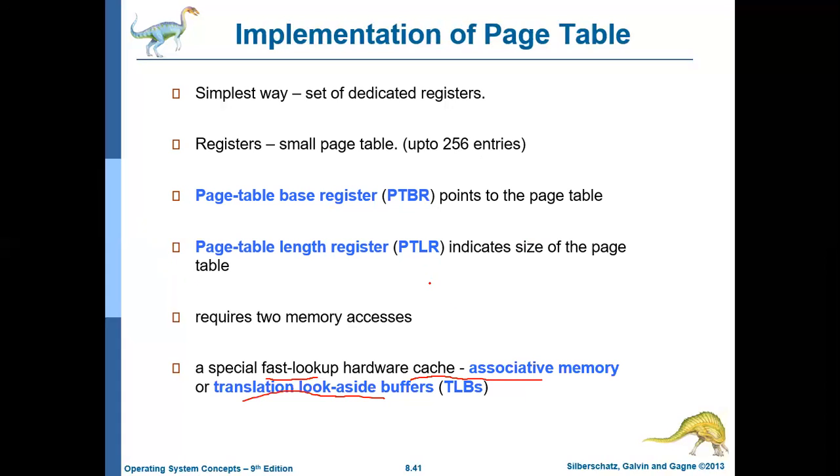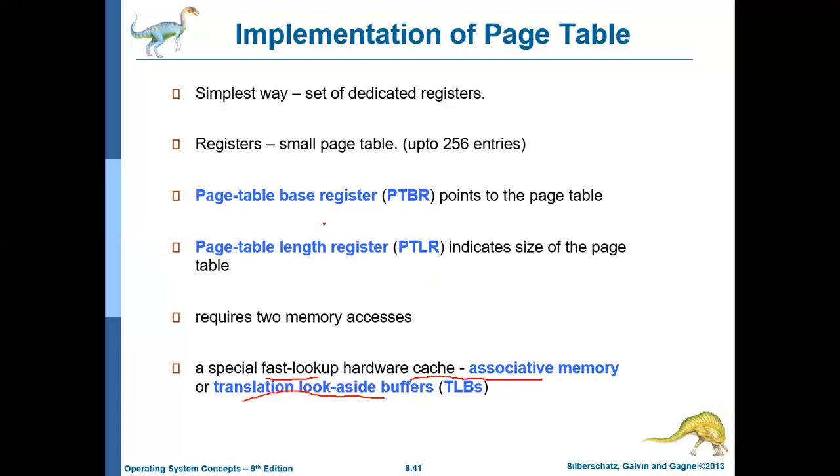The drawback with the page table base register technique is that it requires two memory accesses. First, the CPU should refer to the page table base register and identify the starting address of the page table, and then the CPU's logical address should be converted to the physical address.